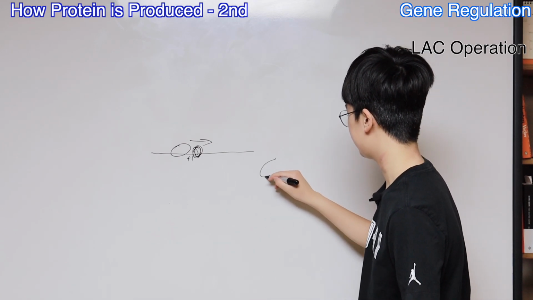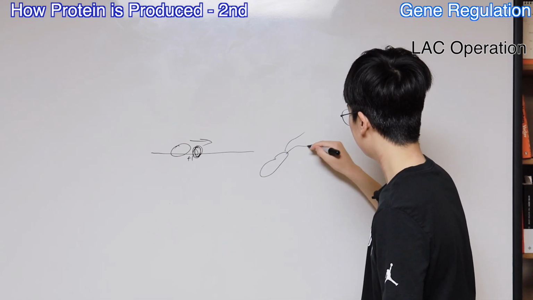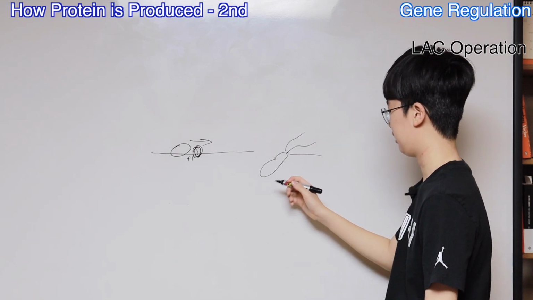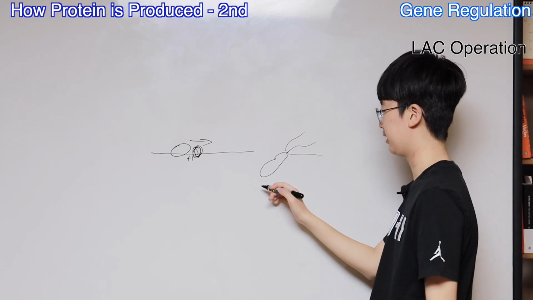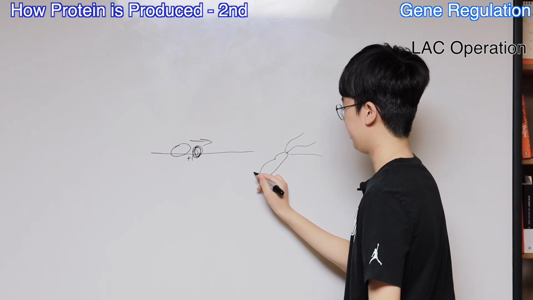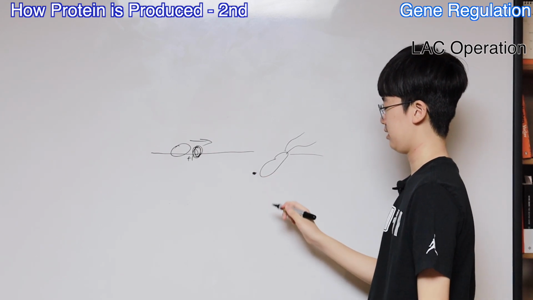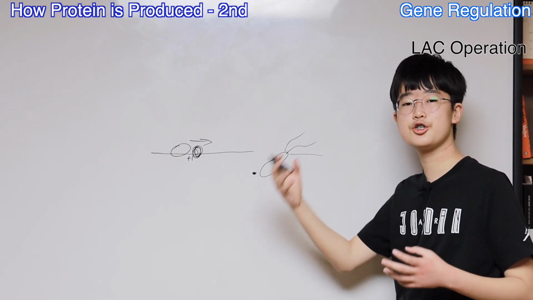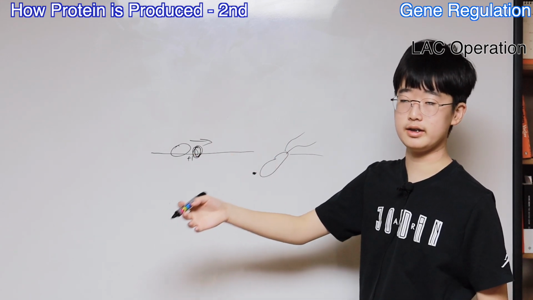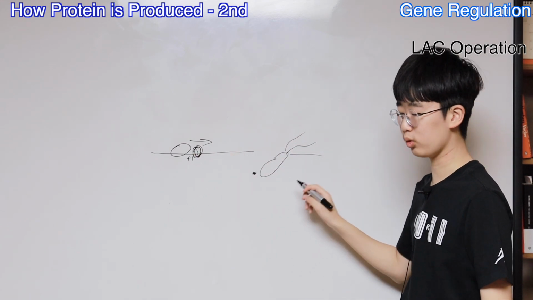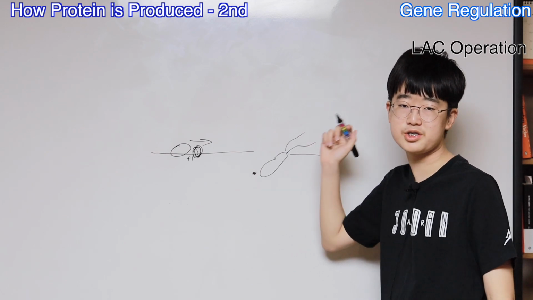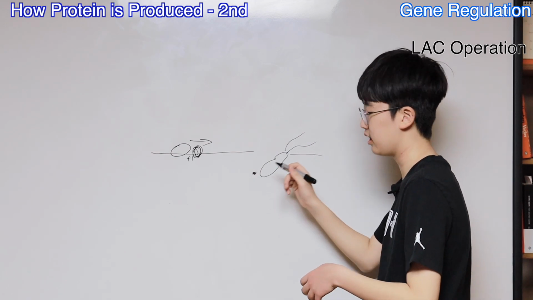So here's an E. coli. I don't know if it looks kind of like that, and here is a lactose. Lactose is sugar and can give you energy. So does the E. coli want the lactose? Yes, of course it does. It gives you energy.